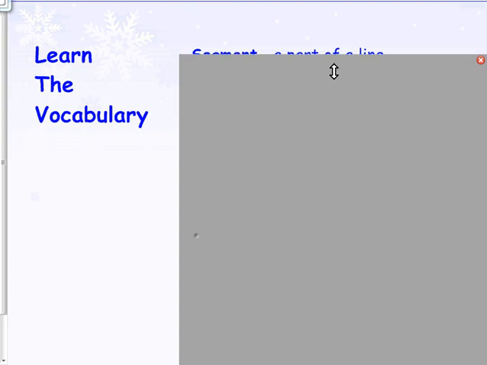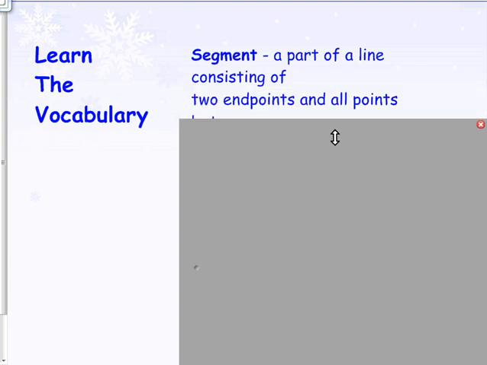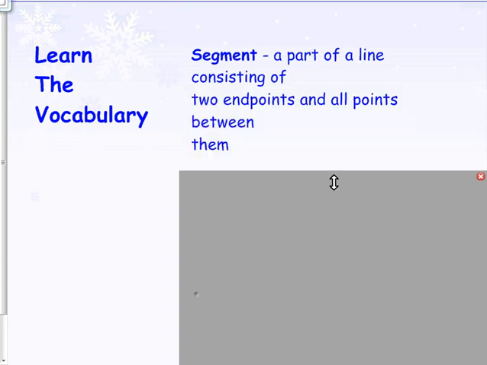So, our first vocabulary word is segment. And a segment is a part of a line consisting of two endpoints and all points between them. Alright, so for example, that would be a segment.